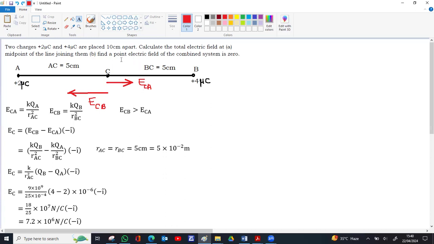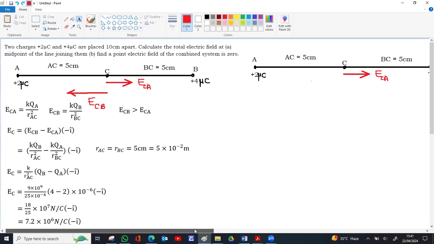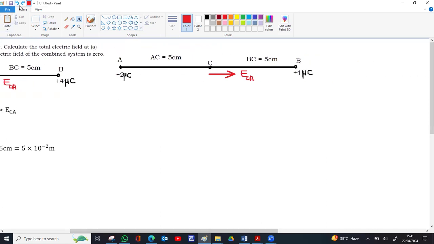Now to find the point where the electric field of the combined system is 0, we get another diagram. We have the electric field intensity at another point.